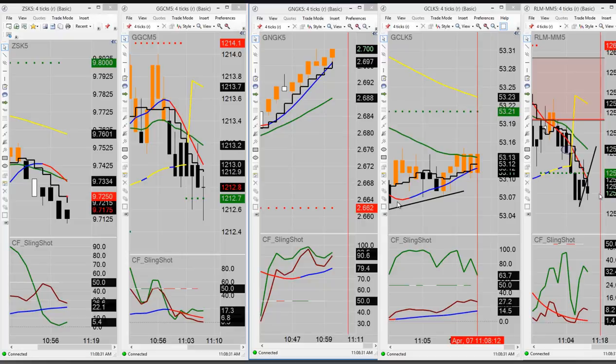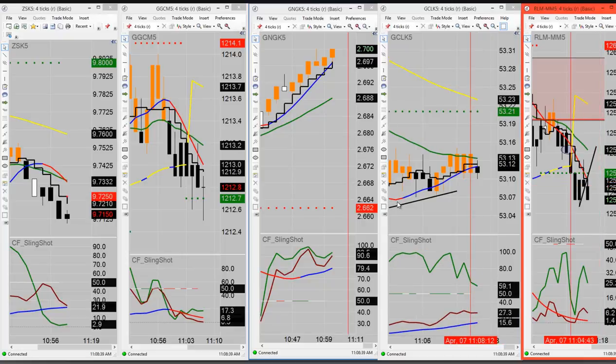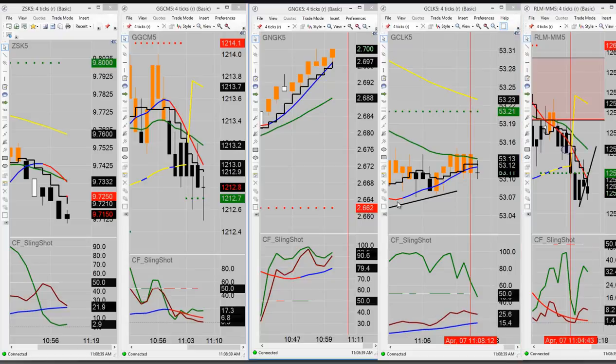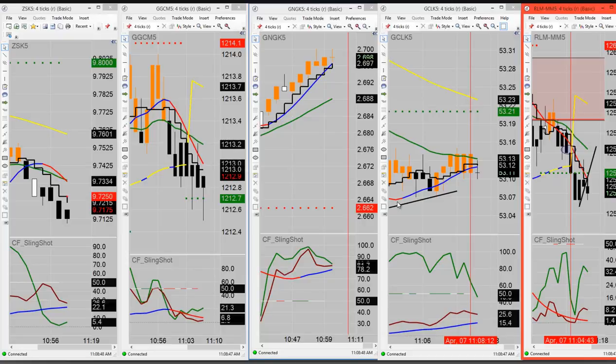We're looking for a down close of the current bar. 12.58 is the high, so 12.57.6 would be the low. Now 12.58.2 is high. My charts are not keeping up anymore.